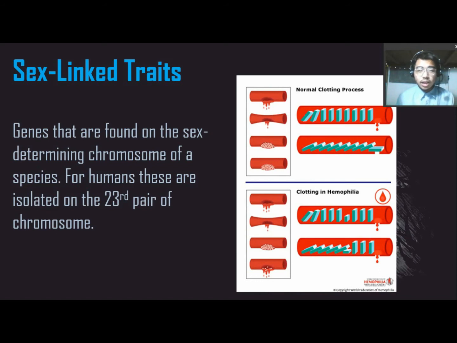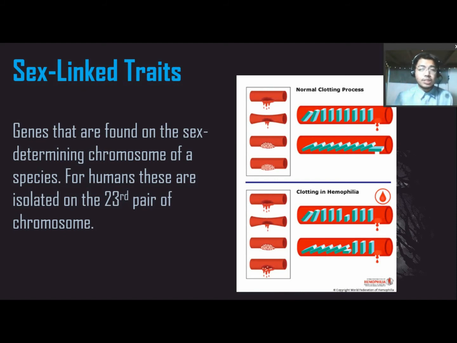The reason why hemophilia, also known as the bleeder's disease, is abundant among different generations and different families is that it is attributed to sex-linked traits, specifically on the X chromosome. Okay, it is more common among males since males possess only one X chromosome and the other is Y chromosome.